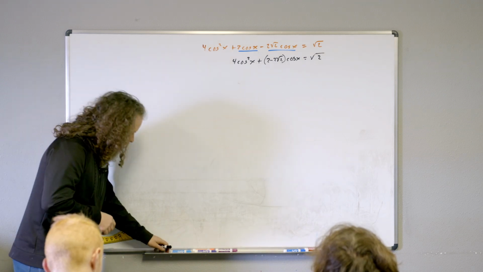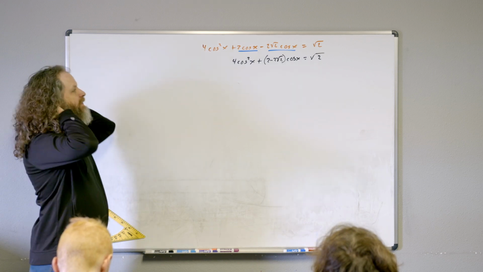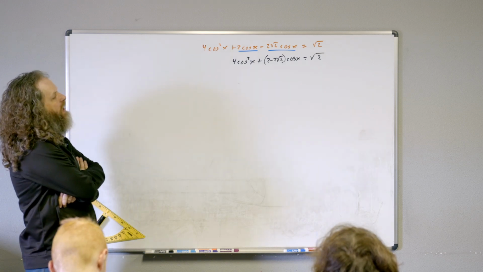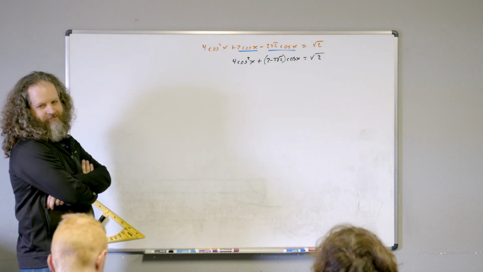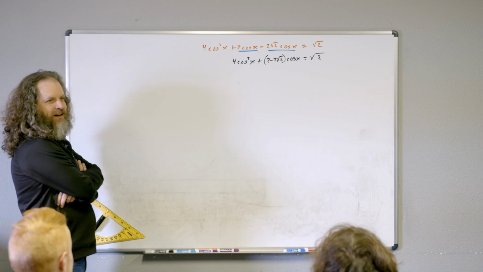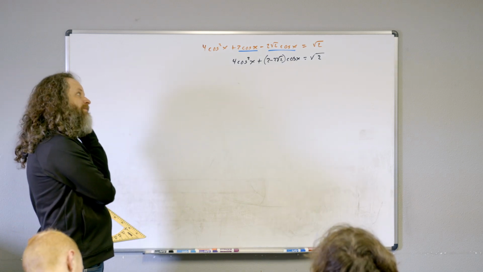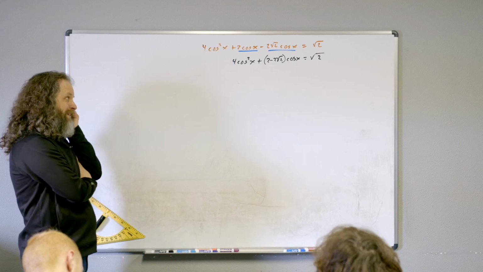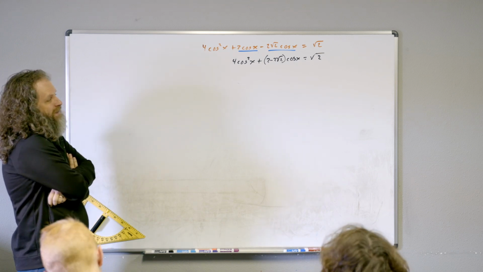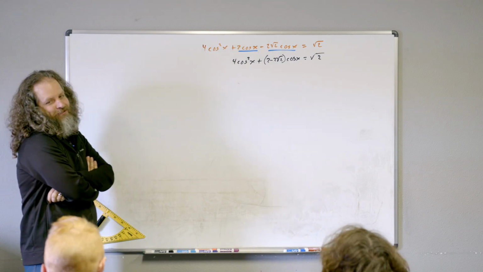What I was going to say is this is a quadratic, right? We only know 3 methods to solve a quadratic. Believe it or not, this one, unless I'm greatly mistaken, factors.